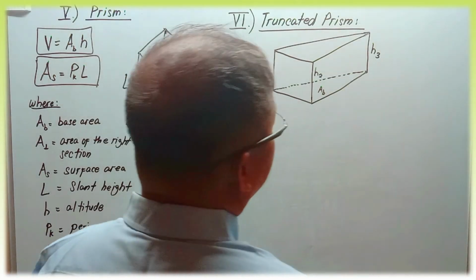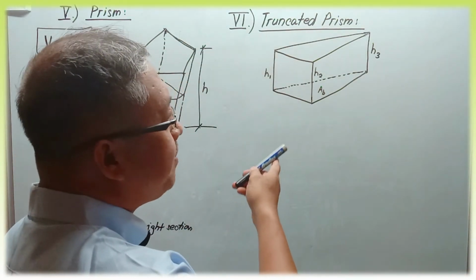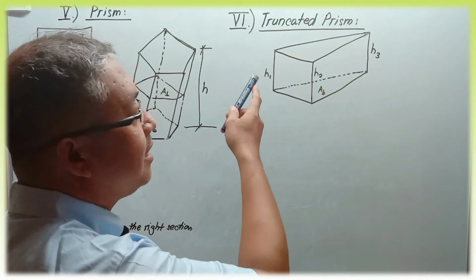Okay, guys, so this is a typical schematic diagram or drawing for a truncated prism.